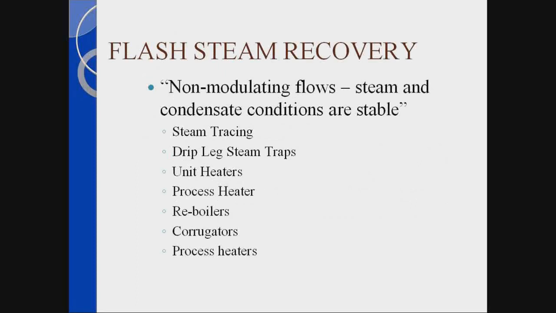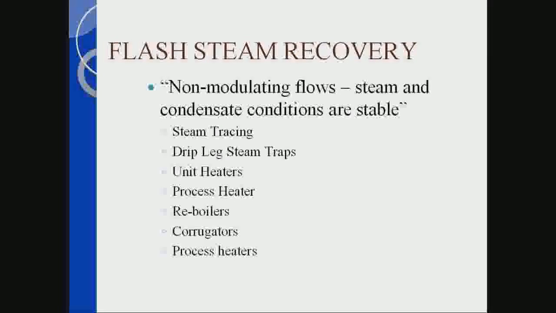Non-modulating flows, where can they be from? One great example is steam tracing systems. They do not modulate the steam to steam tracing. Another is drip leg steam traps, specifically high pressure, like 200 psi. We take that condensate and direct it back into a high-pressure receiver or to the storage side of the deaerator. Another one is process unit heaters, process heaters, reboilers, corrugators.